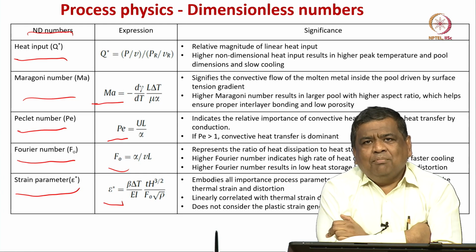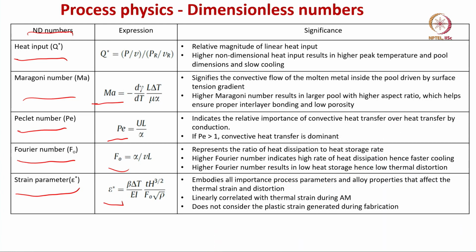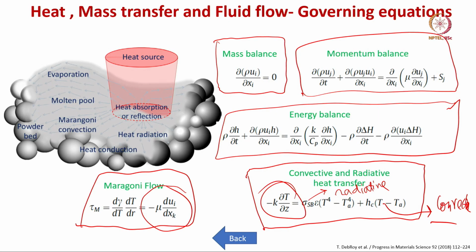Now, in this particular lecture, discussing the laser powder bed interactions or laser powder interactions during the DED process, we have been invoking mass balance, momentum balance and energy balance to describe the total process science. There again, in order to develop a complete understanding, we are using multiple such dimensionless numbers.